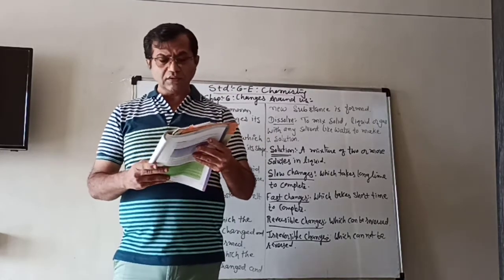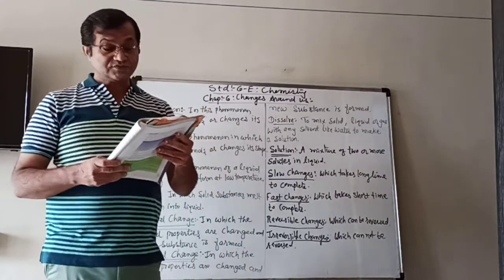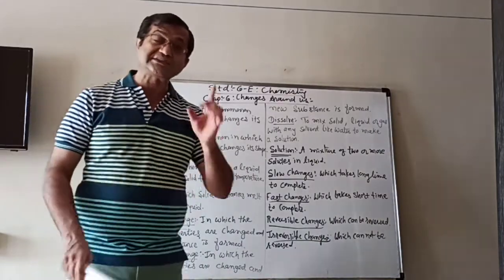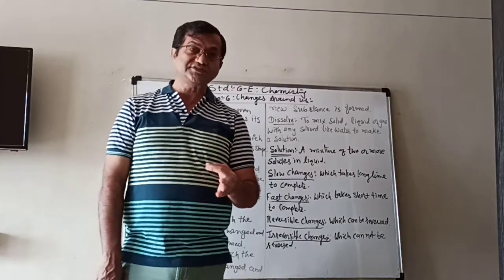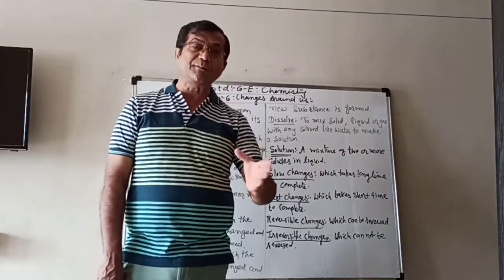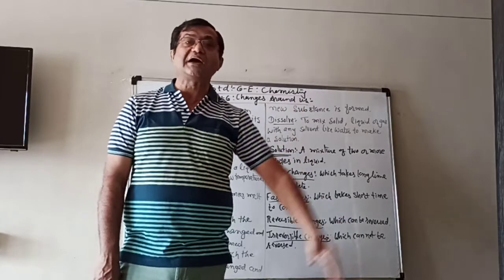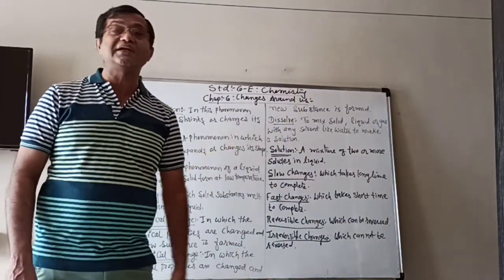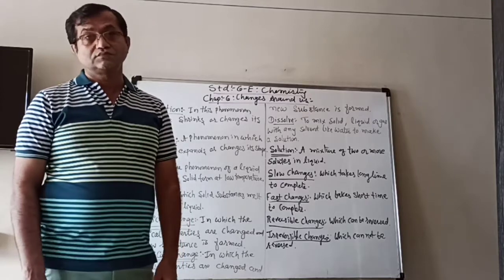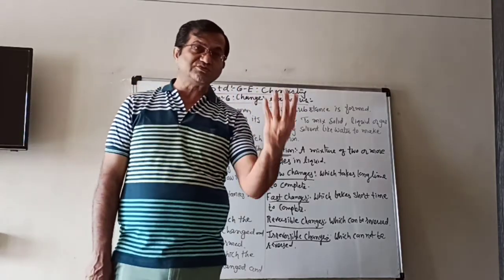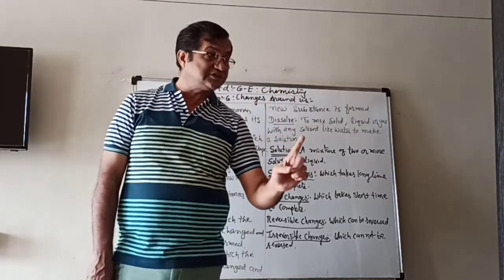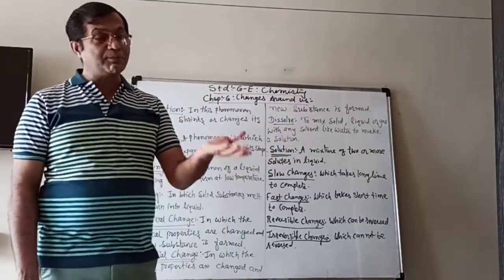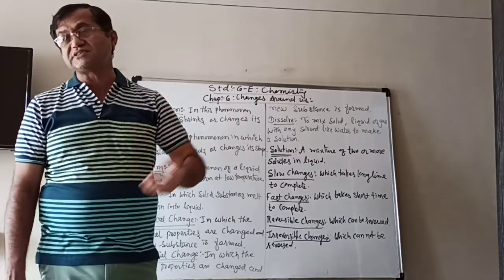But in some changes, new substances are made. Then it is known as chemical change, because the chemical properties of that substance are changed. For example, when you burn a candle, the candle is getting smaller and smaller, and some evaporates, means it is burning and new substances are made.